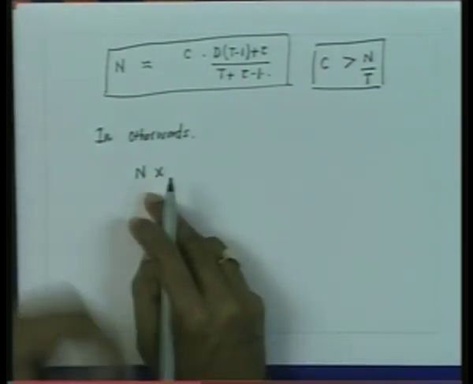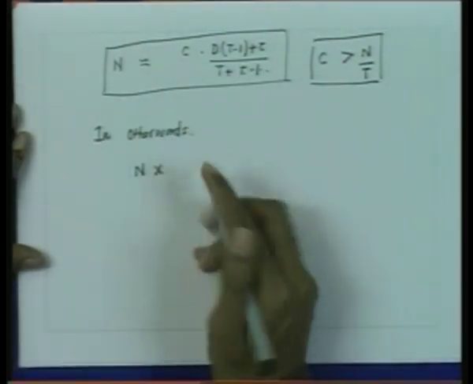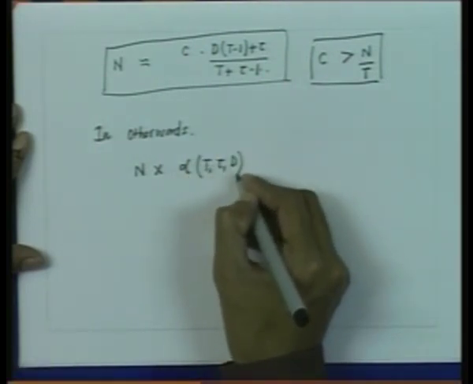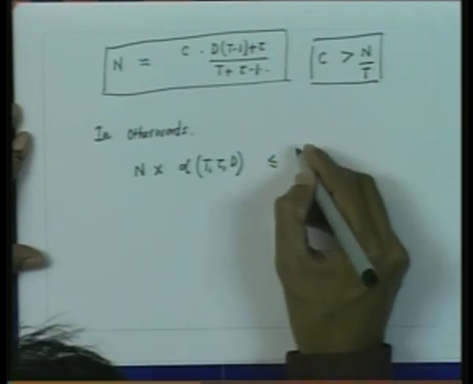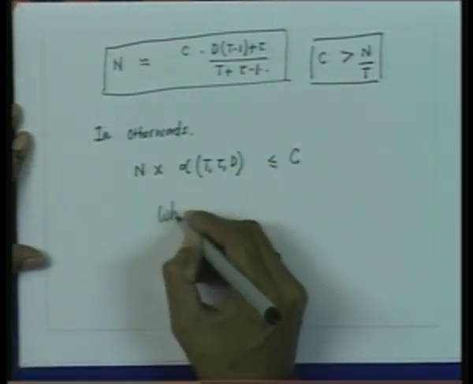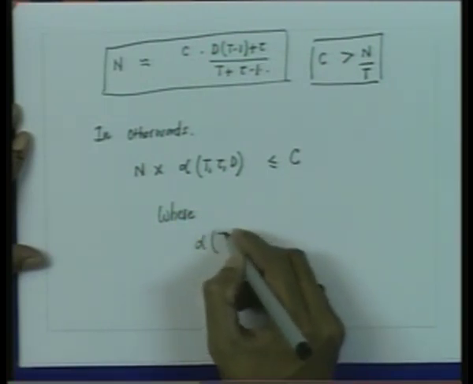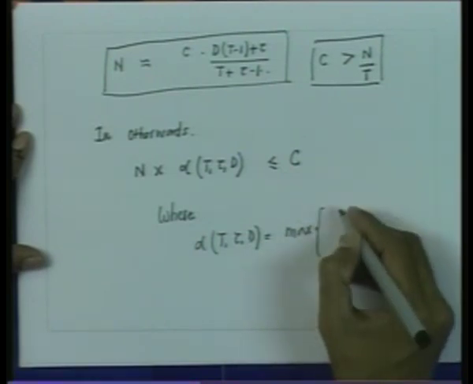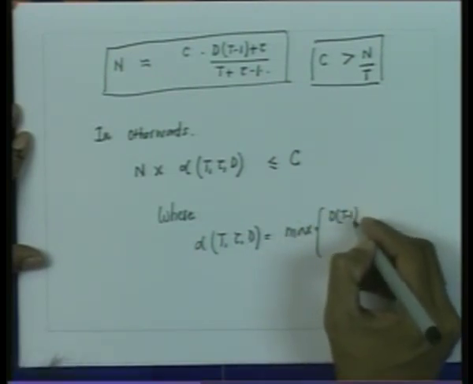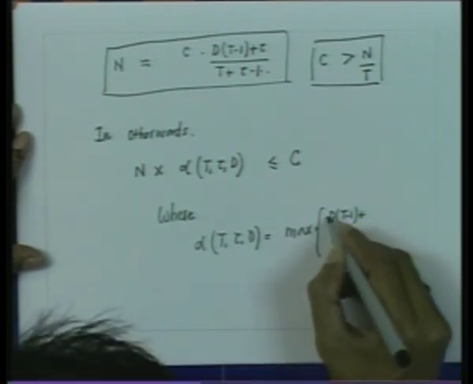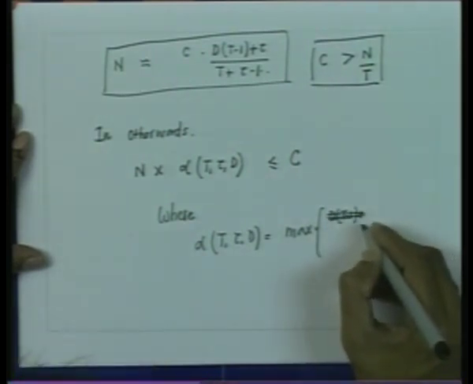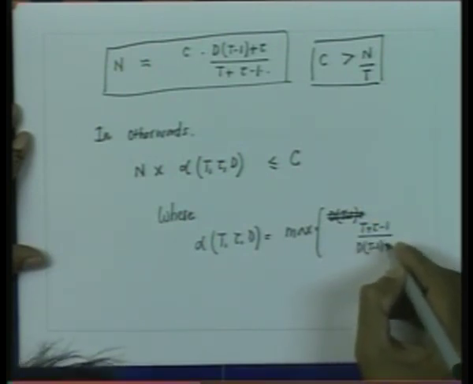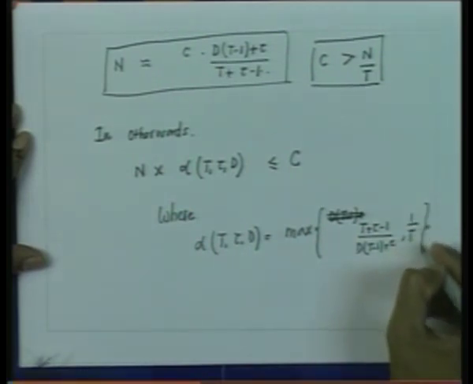We can admit n number of users for satisfying a delay of d if n into alpha of t, tau and d is less than or equal to C, where alpha t tau d is equal to the maximum of t plus tau minus 1 upon d into t minus 1 plus tau, into 1 by t.